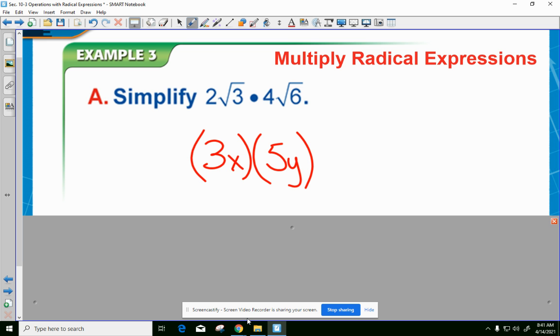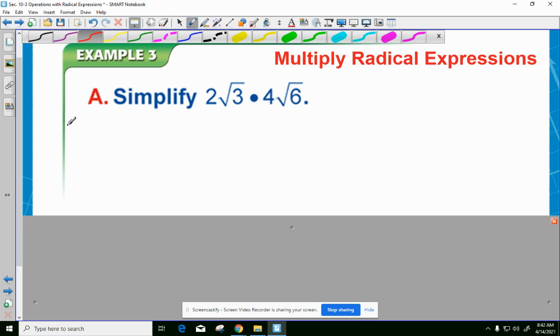I can multiply those two together. 3 times 5 is 15. X times y is literally xy. Radical expressions can be thought of very similar to that. Just because those two can't be added together does not mean they can't be multiplied together.